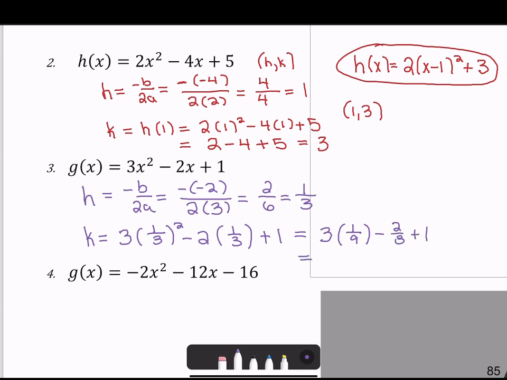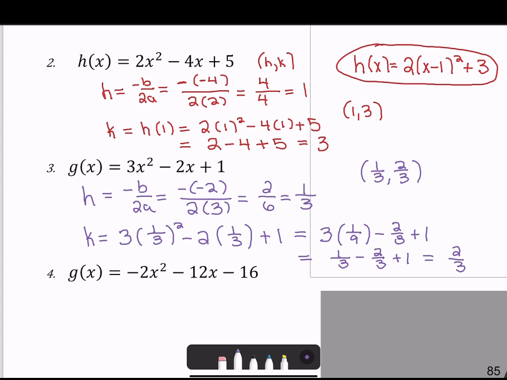So when I multiply these together, I get 1/3 minus 2/3 plus 1. So what do I get? 1/3 minus 2/3, that's -1/3. And then plus 1, that'll be 2/3. Yep. So your vertex is 1/3 and 2/3.